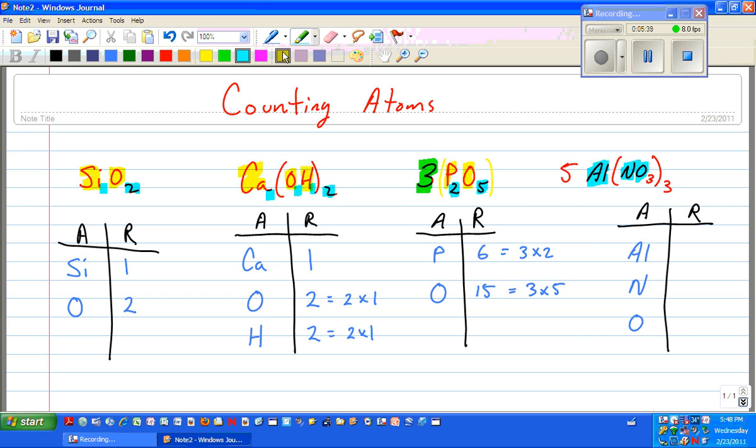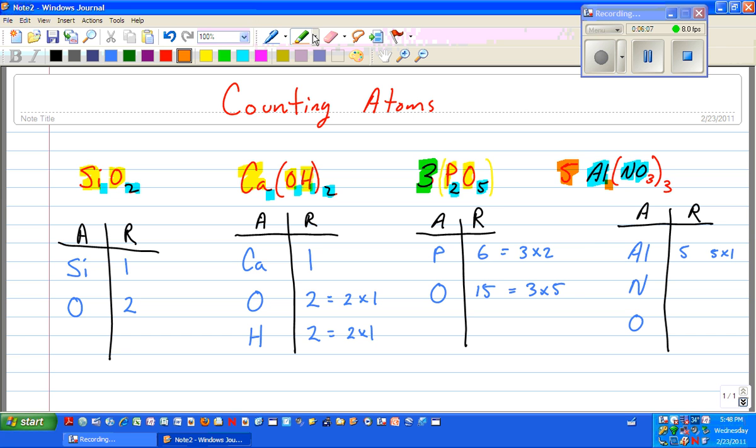Again, I'm going to start counting, and I take a look at my subscripts. Here, I look for aluminum, I look at there for my subscript. There's nothing there, it's 1. Again, I've got a coefficient out in front, that 5, so what I would get is 5 times 1, which would give me 5 aluminums.